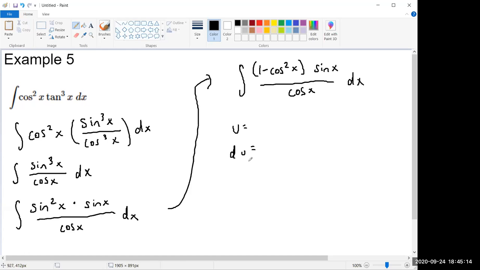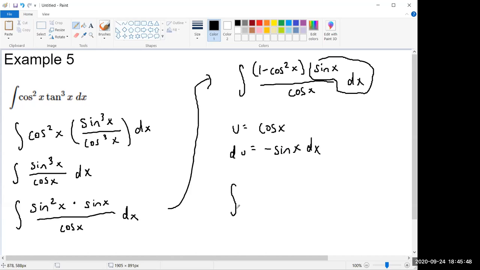So who wants to fill in the u and the du? Would u be cosine of x, and then du is negative sine x? Yeah. So everyone notice how you have a sine x dx here. So that's probably going to be the du. So that means u has to be cosine. So this is negative sine of x dx.